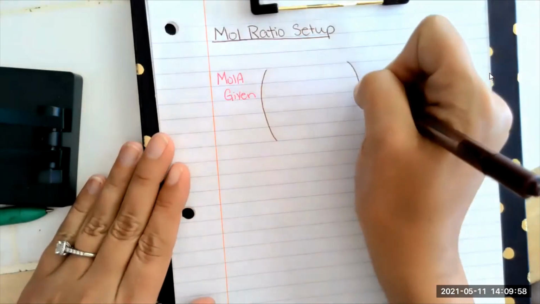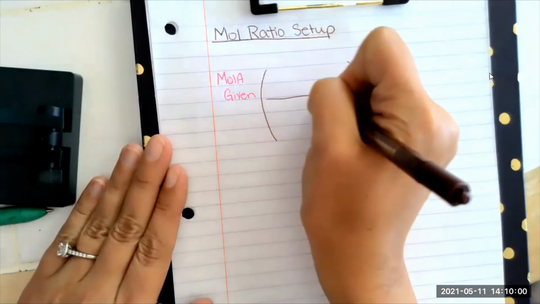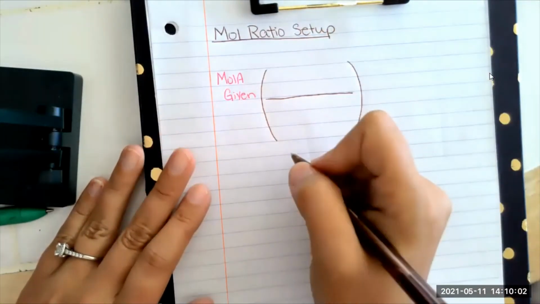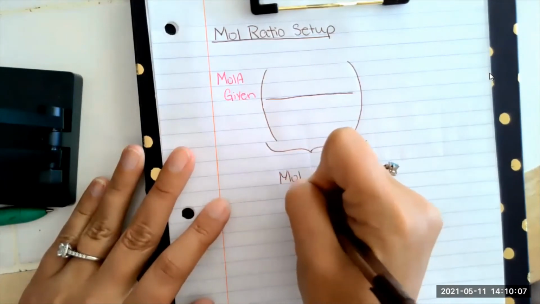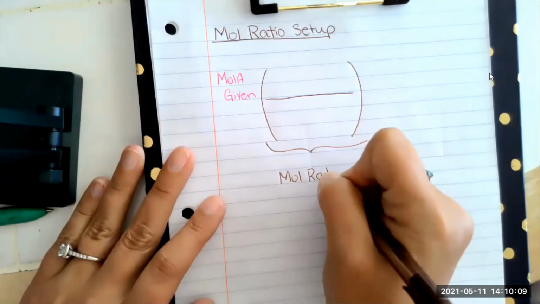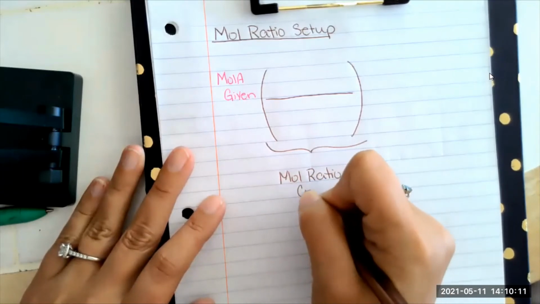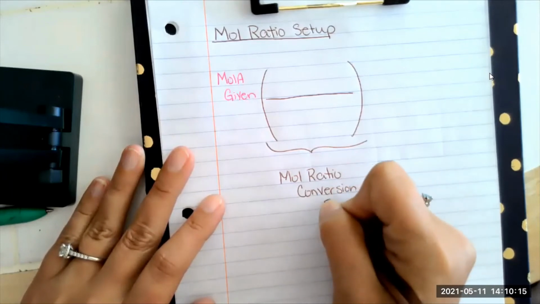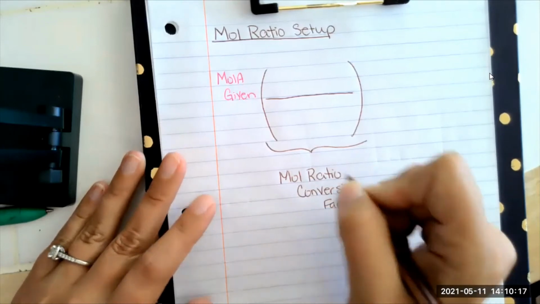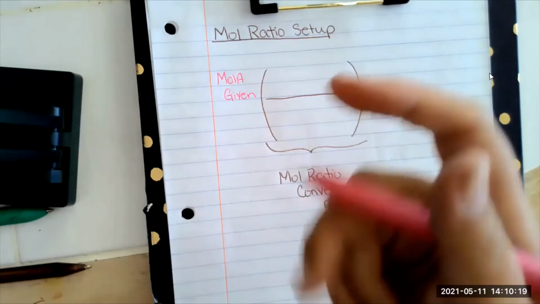Then here is your mole ratio. This is going to be your mole ratio conversion factor. And mole A is going to be on the bottom.